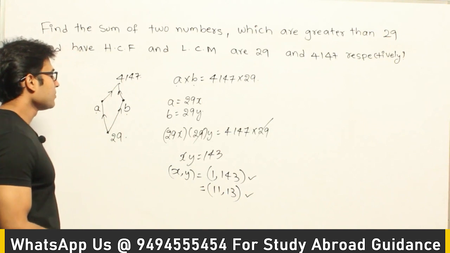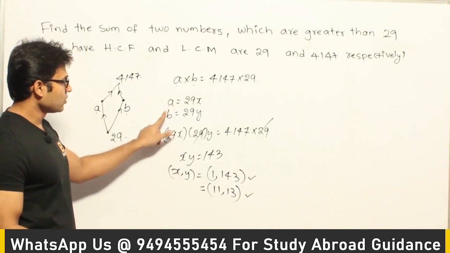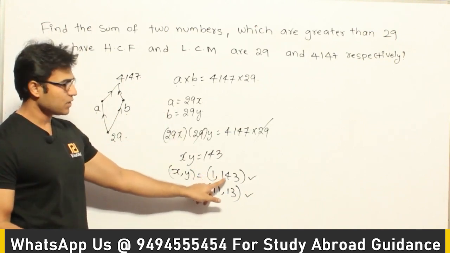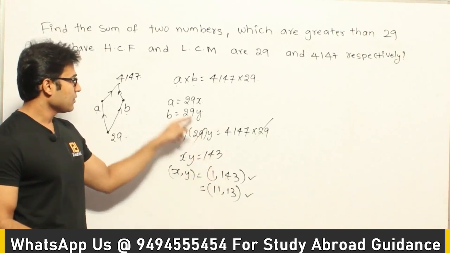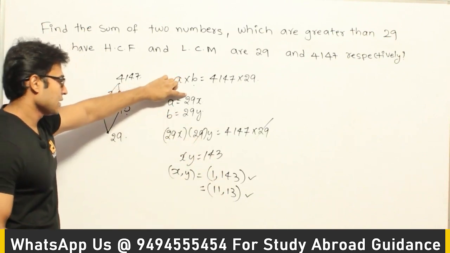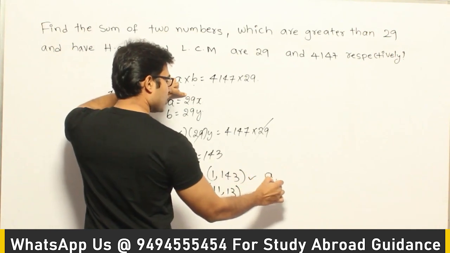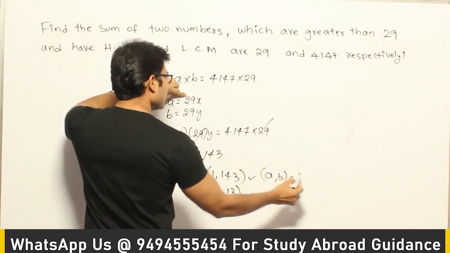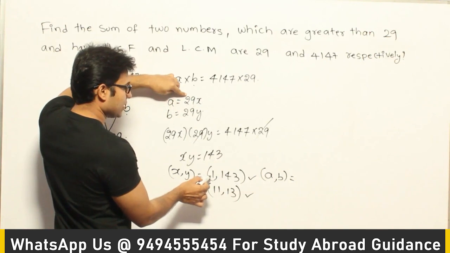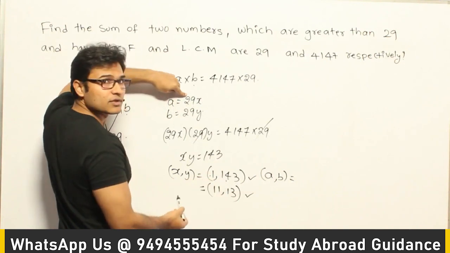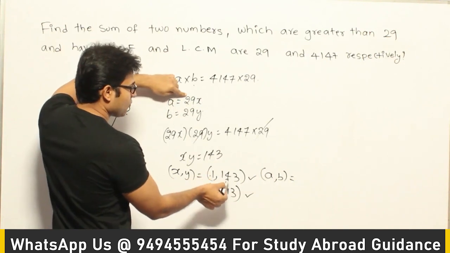Now what would have been the original numbers if X and Y were 1 and 143? If X and Y are like this, I am talking about A comma B, then A comma B will be equal to 29 into X and 29 into Y, so 29 into 1 and 29 into 143.